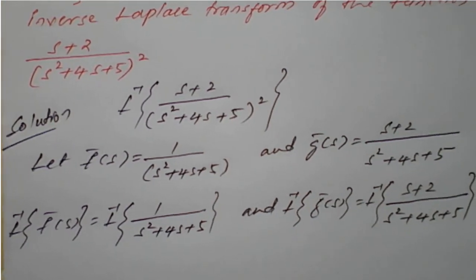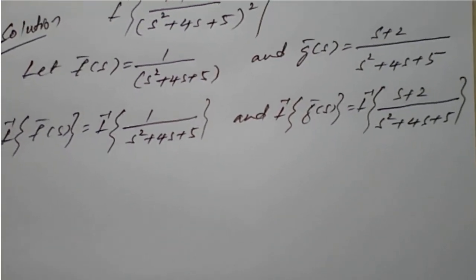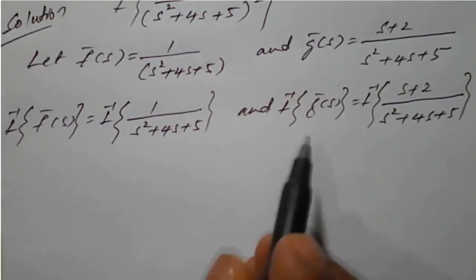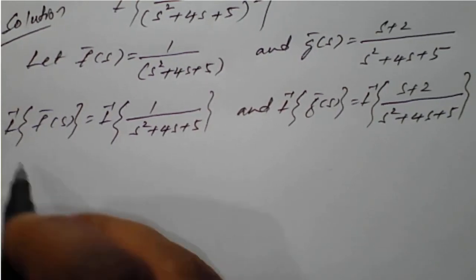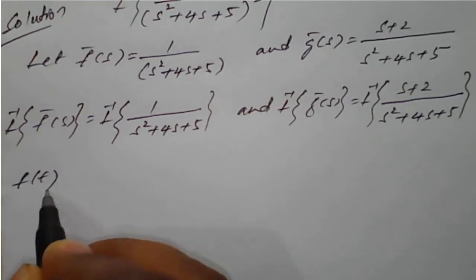We have already done such examples using complete squaring, so we apply the method of complete squaring to get f(t) and g(t).